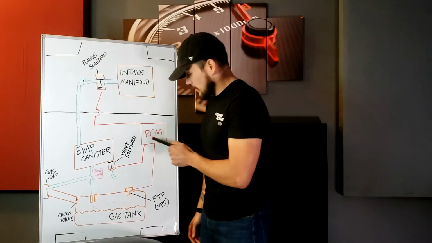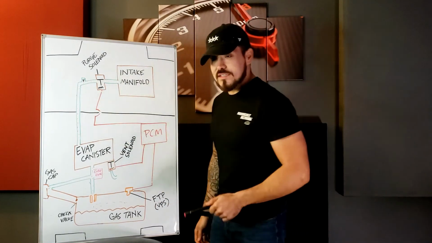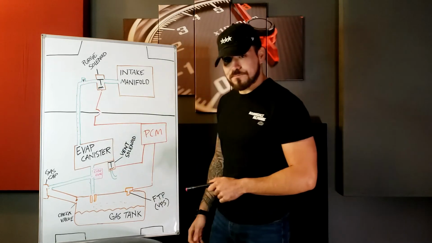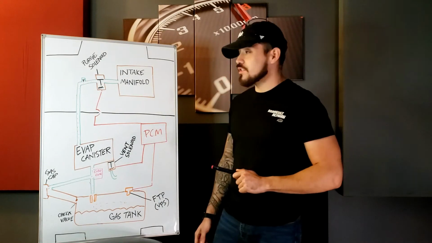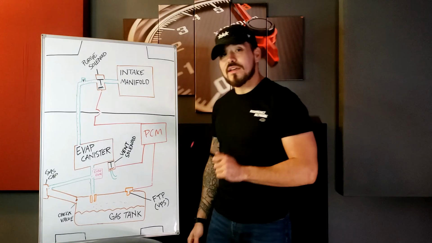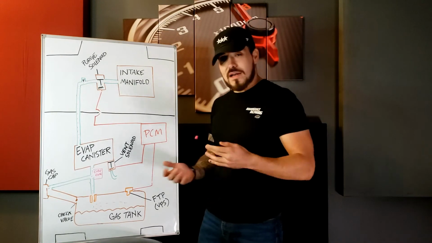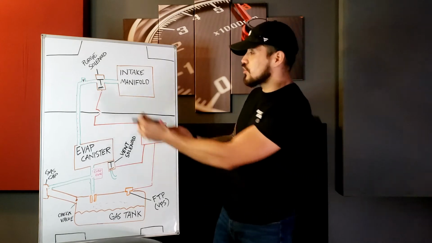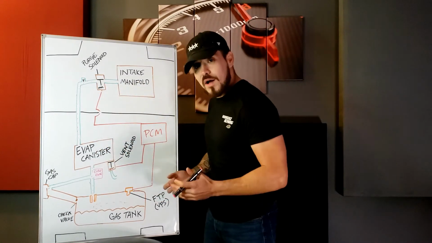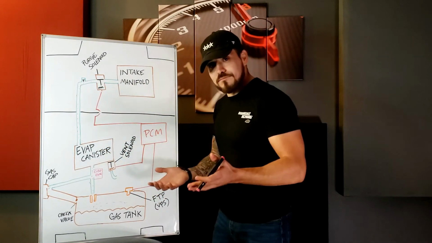It's going to determine anywhere in the system if there's a decay in pressure. The PCM is going to know, and that's how it's going to determine if there's a small leak or a large leak. The same concept, but in opposite. Instead of measuring negative pressure, which is vacuum, you're measuring positive pressure, which is pressure.